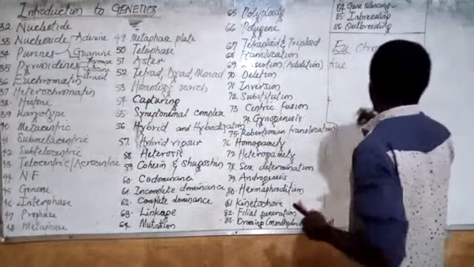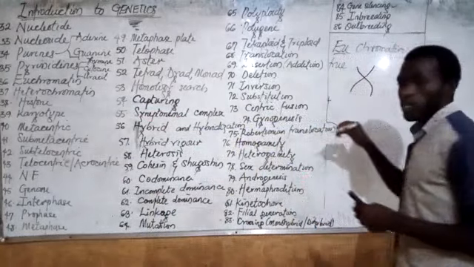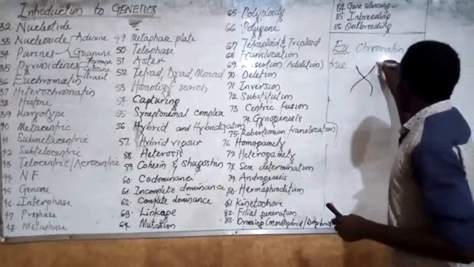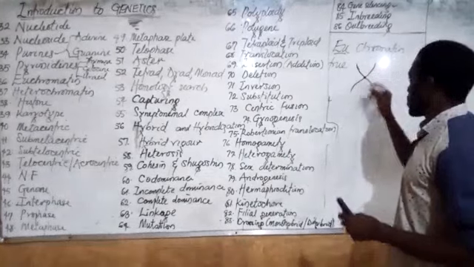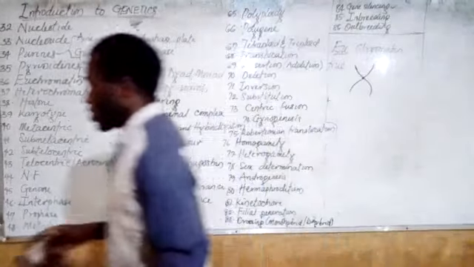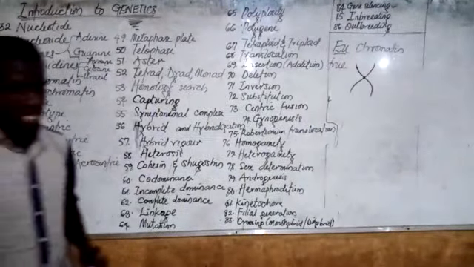Now, metacentric means essentially, whenever we see the structure of a chromosome, we always see something like an X. Now, not all of them look like this X. Actually, not all of them look like this.